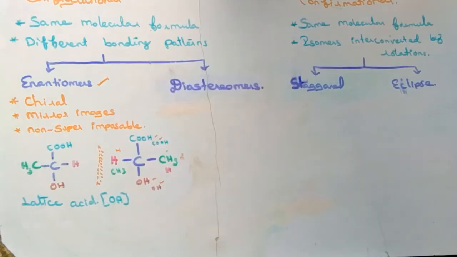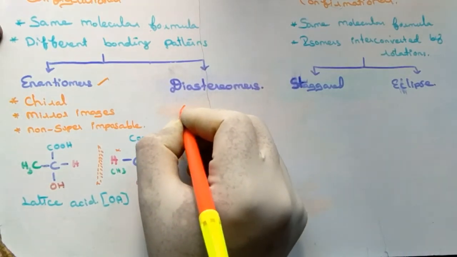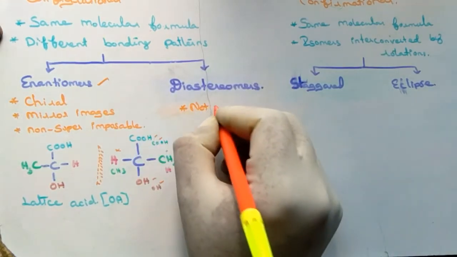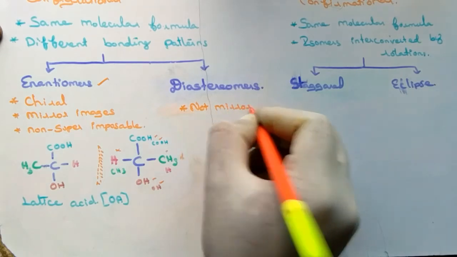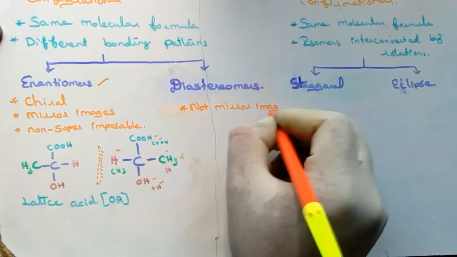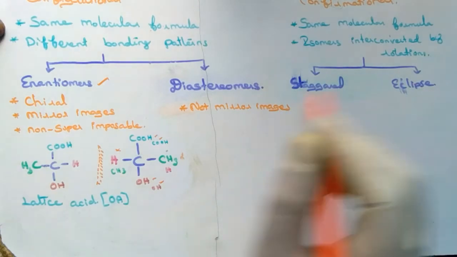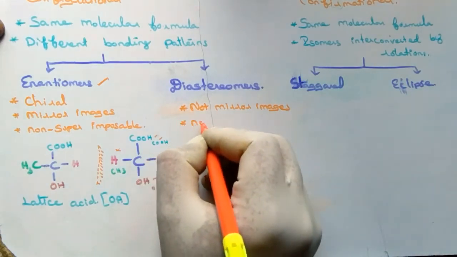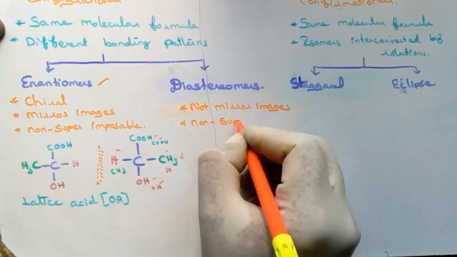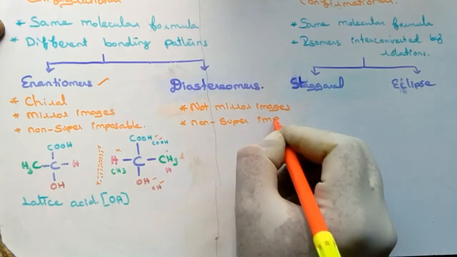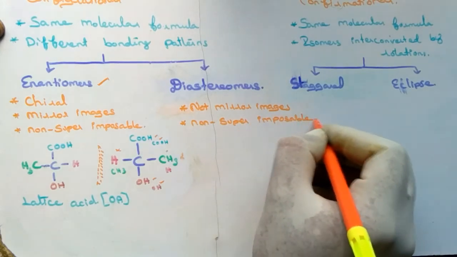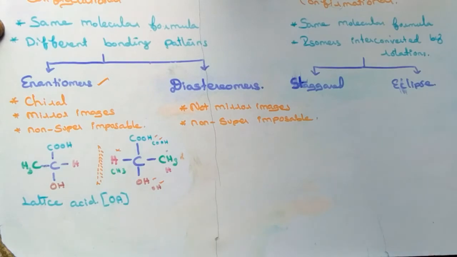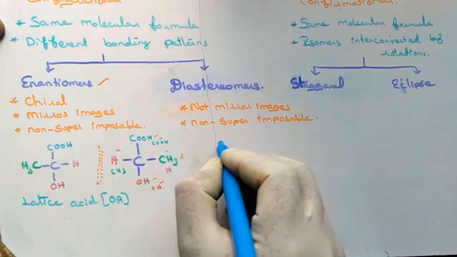Next, we are going to see about diastereomers. Diastereomers are not mirror images, and they are also non-superimposable with each other. Let's see with an example.